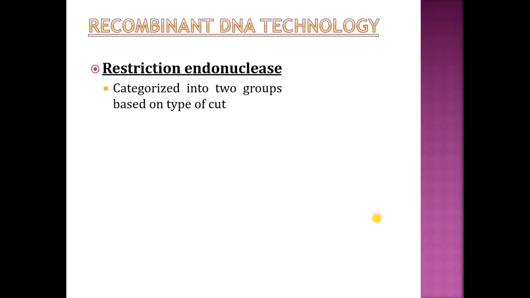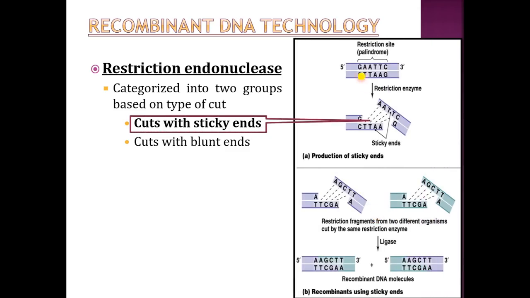These enzymes are mainly of two types. One produces sticky ends in the DNA, and the second produces blunt ends. We see how. This is double-stranded DNA having a palindromic sequence, or restriction site.